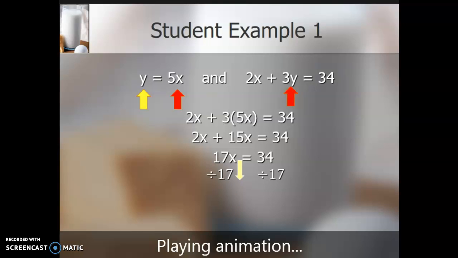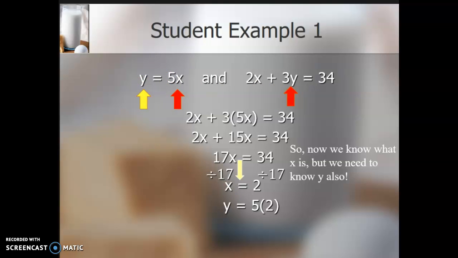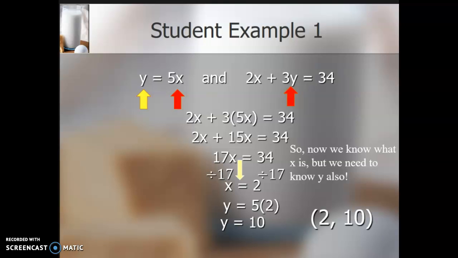And now you have your x. So in order to find the y, you take that value for x and you plug it into either equation. I'm going to plug it into the first one, just less work there. So y equals 5 times 2, or y equals 10. Our solution is (2, 10). So again, that's very similar to the class example 1.